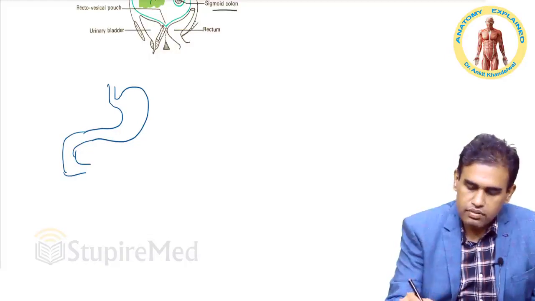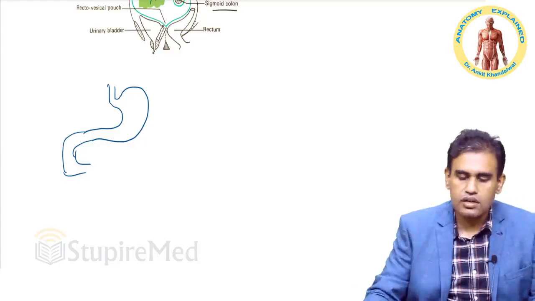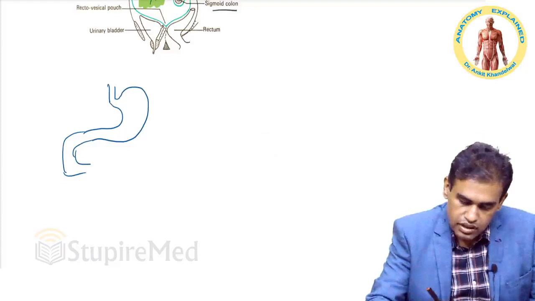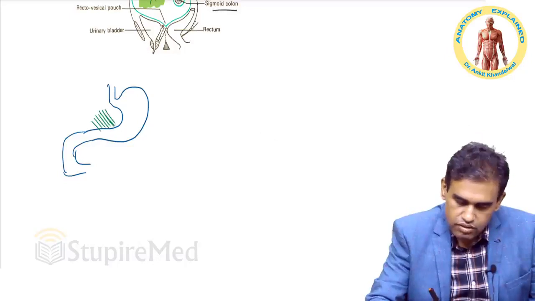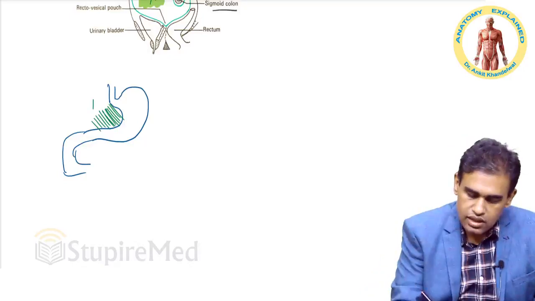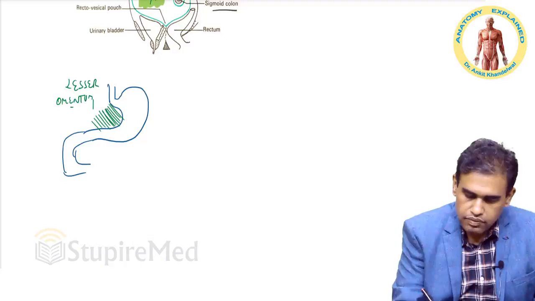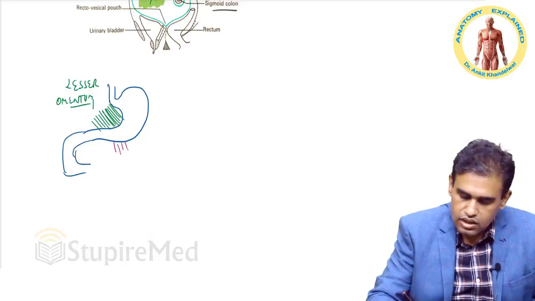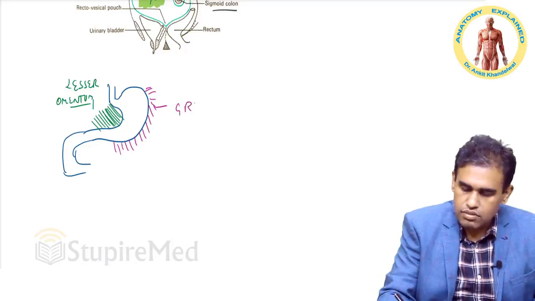The omentums are actually double layered folds of peritoneum. We'll see that also. The peritoneal fold which is attached to the lesser curvature is known as lesser omentum, and that which is attached to the greater curvature is known as greater omentum.